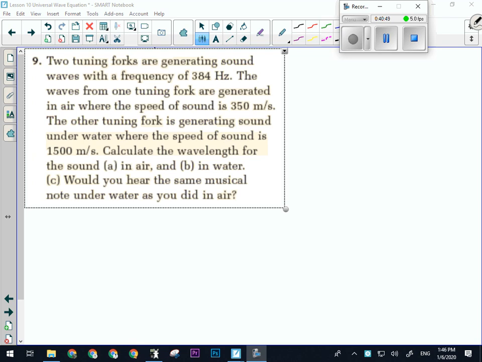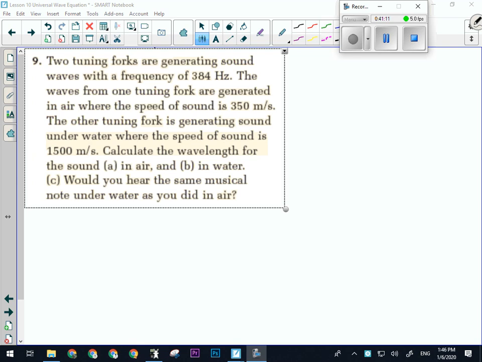If the frequency is the same, then the person hears the same musical notes. If you've ever watched synchronized swimming in the Olympics or anything like that, some of the swimmers are above water, some are underwater at the same time performing their routine.